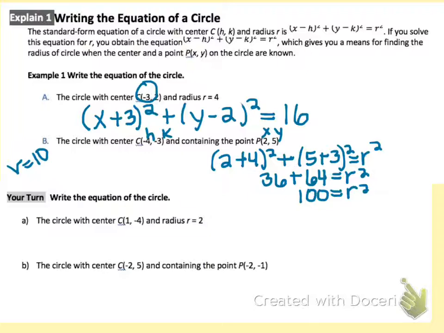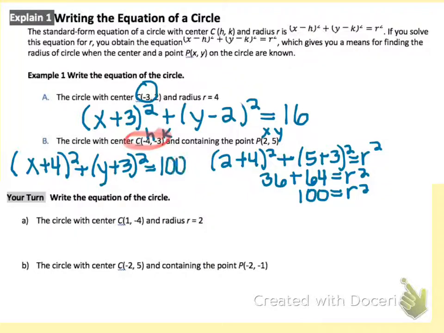But we really need the radius squared anyway, so really that last step of taking the square root is unnecessary if we're going to write the equation, because now we know that the radius squared is 100. So now we can just go ahead and plug in and use the center, which is this one right here. So that would be x minus -4, which is x plus 4 squared, plus y minus -3, which is y plus 3 squared, and that equals the radius squared, which is 100, because the radius is 10.